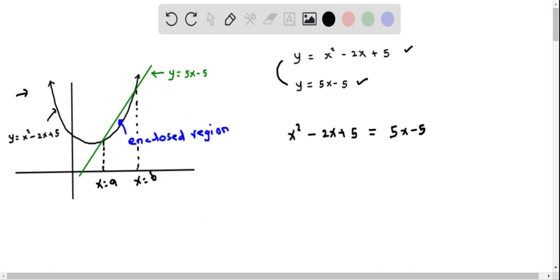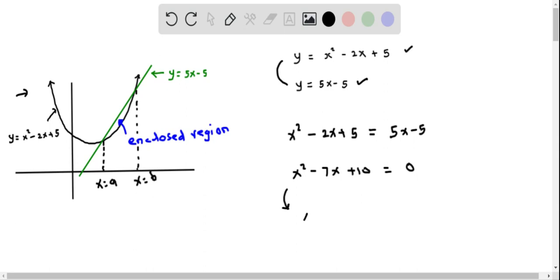Subtract 5x and add 5 to both sides. We get x squared minus 2x minus 5x, which is negative 7x, and 5 plus 5 is 10, and this equals 0 on the right side. This is a quadratic equation which we can solve by factoring.